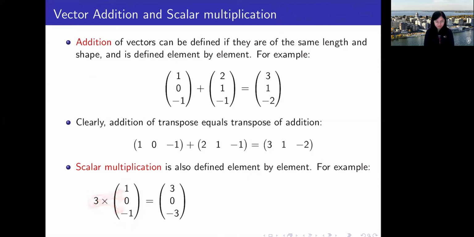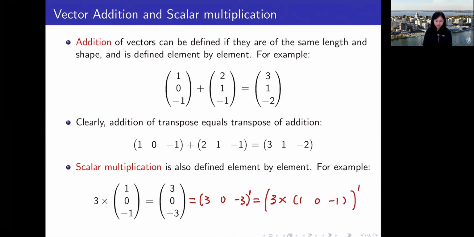So 3 times the vector (1, 0, -1) equals the vector (3, 0, -3). And that clearly also equals the row vector (3, 0, -3) transpose. And the row vector is 3 times (1, 0, -1), then transpose.